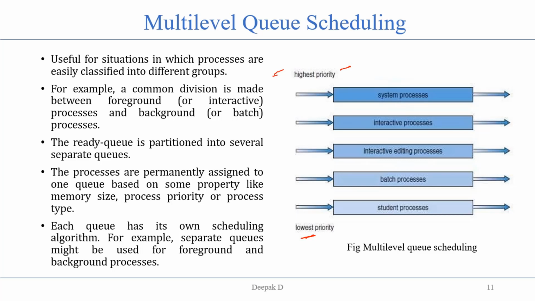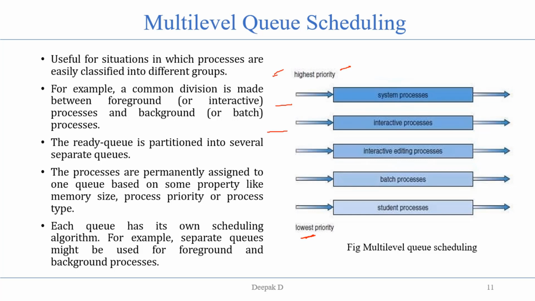The processes are permanently assigned to one queue, either system processes or interactive. Once a process has been assigned to the interactive queue, it is permanent for that queue. It cannot move to interactive editing, or be moved to the batch process. This assignment is mainly based upon some properties of the process, such as memory size, process priority, or the type of process.